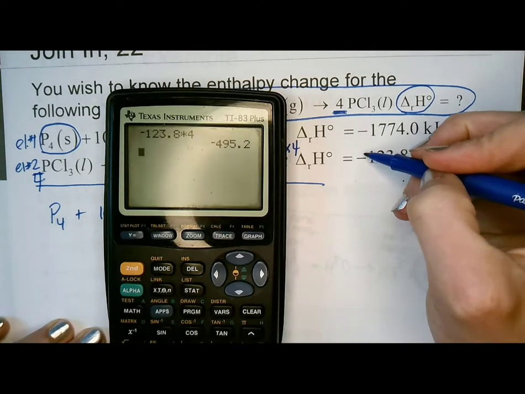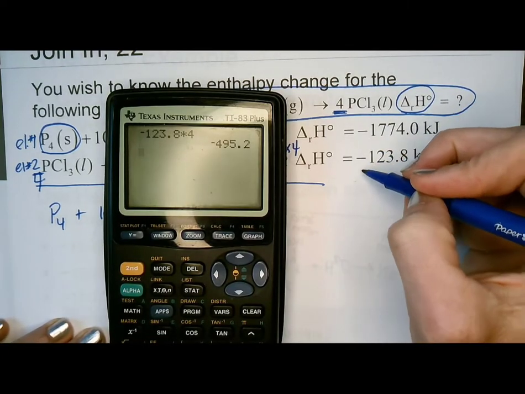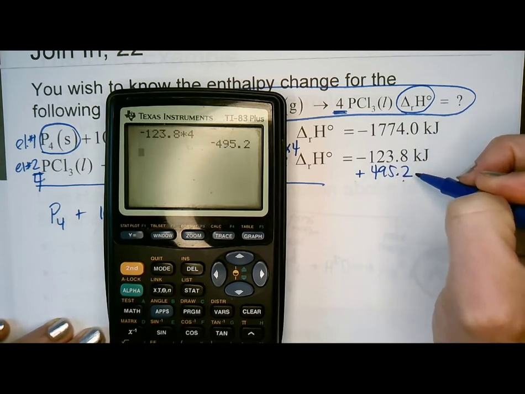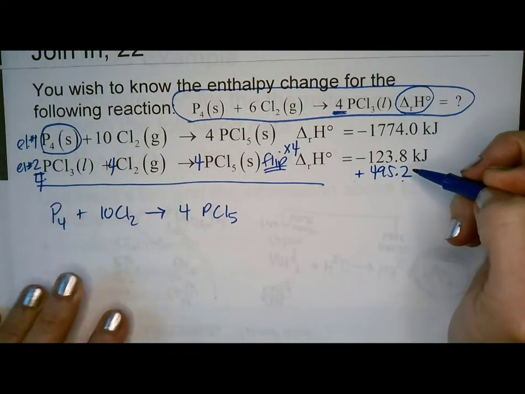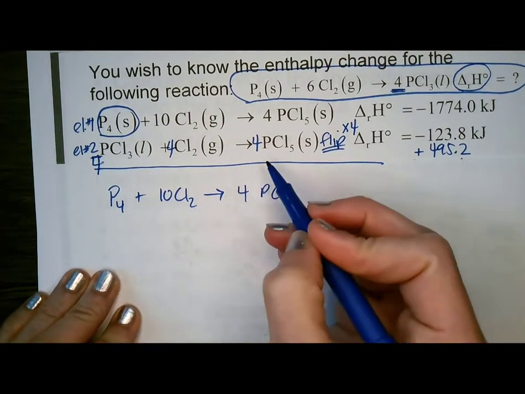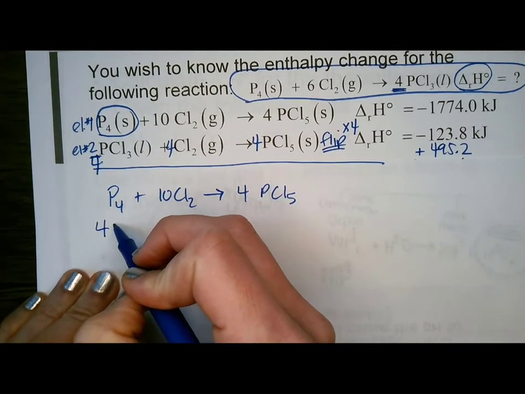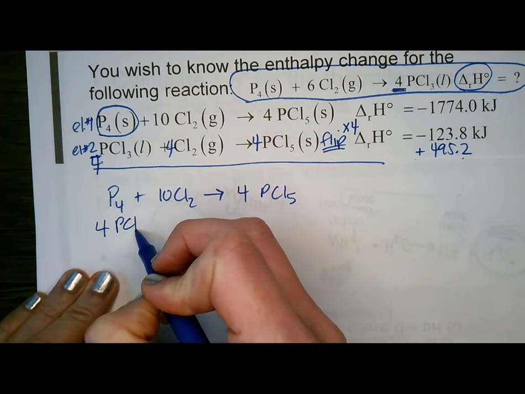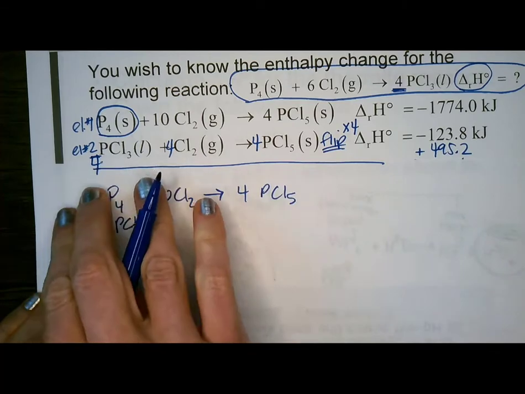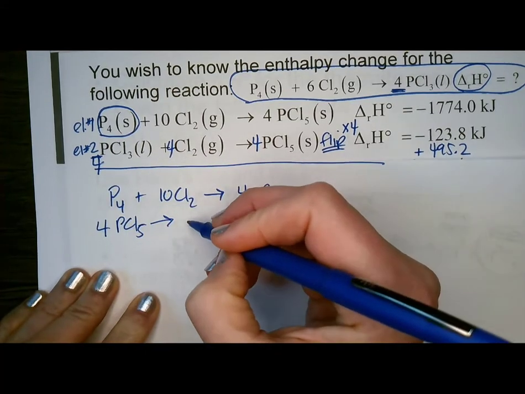And remember, since I'm flipping it, I'm also changing the sign. So this is going to become positive 495.2 after I flipped it and multiplied it by 4. So let's rewrite what we just did. We've got 4 PCl5 on my left now, and these 2 are going to be on my right to give me 4.